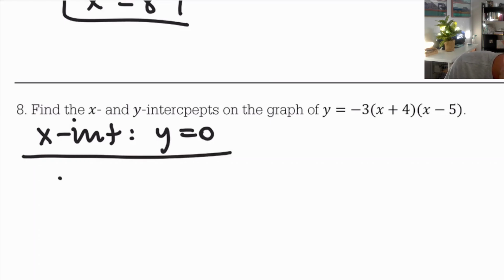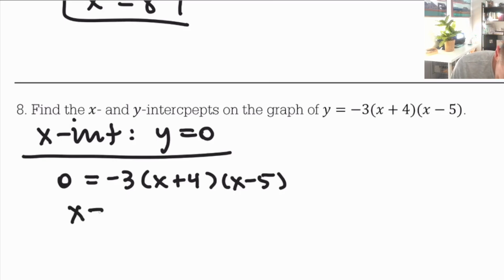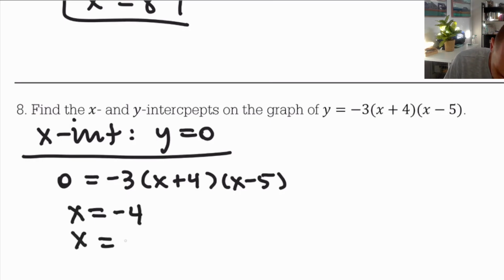So 0 for y equals negative 3 times x plus 4 and x minus 5. It's already factored for us, so we don't need to do anything else. We just apply the zero product property, say that either negative 3 is 0, which it isn't, or x plus 4 equals 0. That would be when x is negative 4, or maybe x minus 5 equals 0, and that would be where x equals 5.